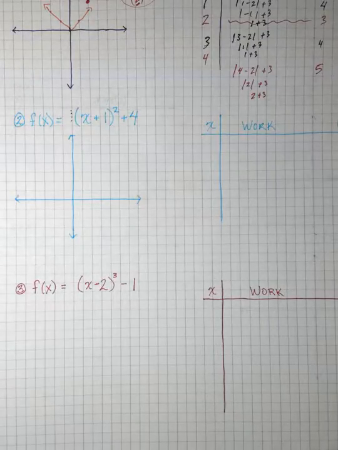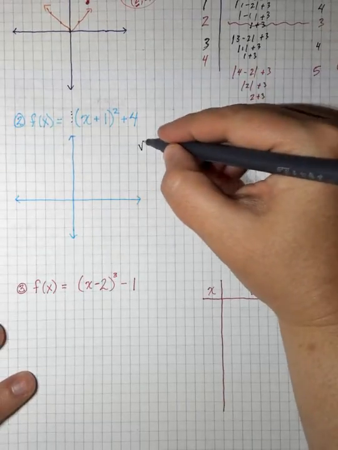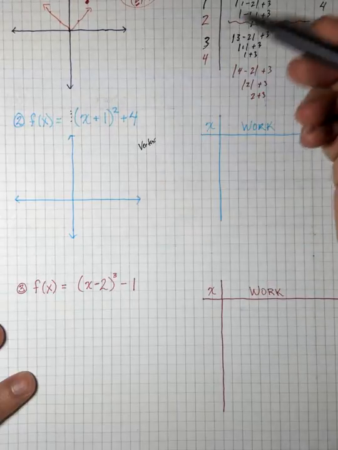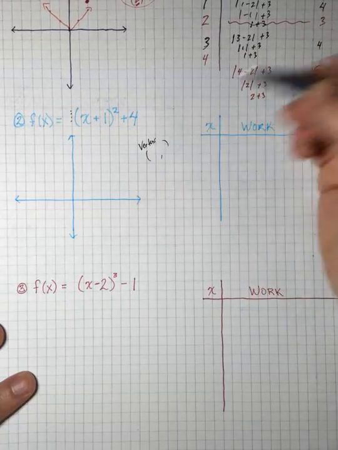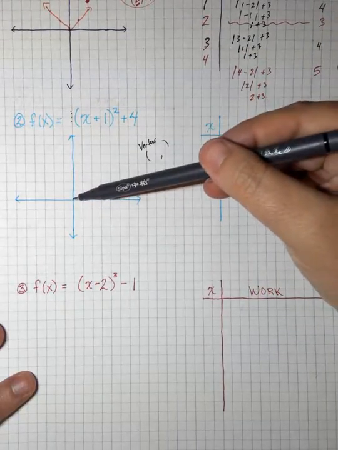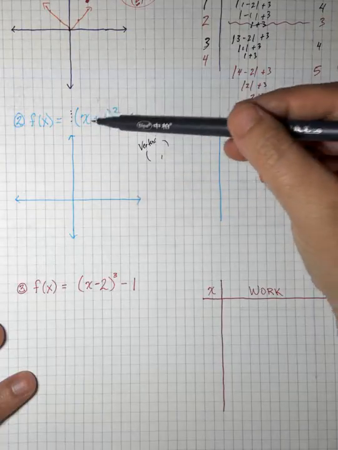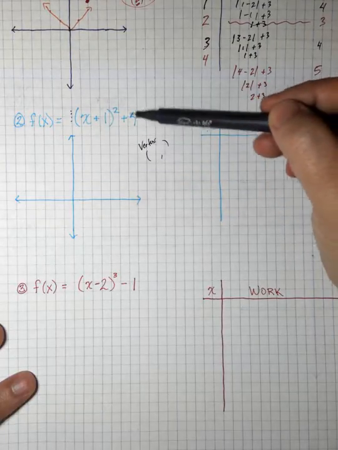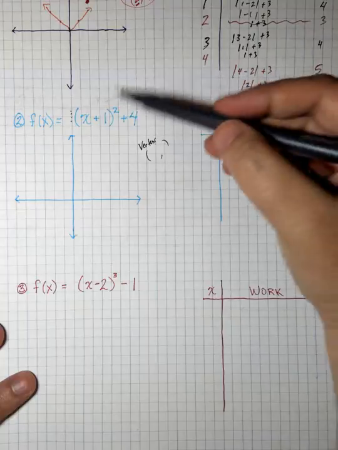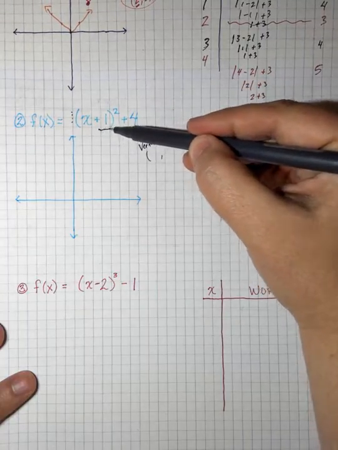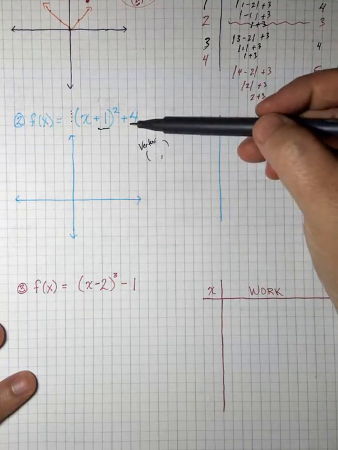Right now, let's just talk about the vertex. So we're trying to figure out this new vertex. We want to figure out what we do with our parent function. So the vertex of our offspring takes the parent vertex, which is usually at 0, 0, and this tells us to move left or right and then up or down. So remember, there's a 1 on the inside. That's your h value. That 1's lying to you.